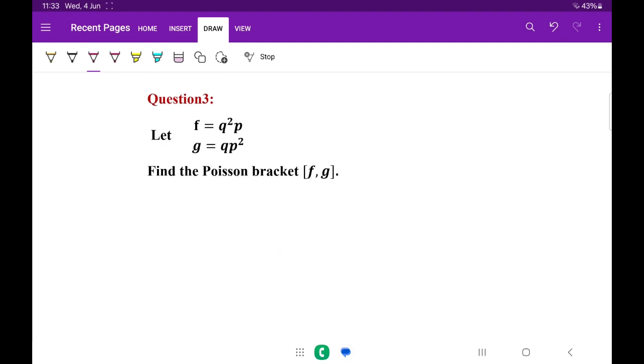So the next question is, let f is equal to q square p and g is equal to q p square. Find the Poisson bracket of f, g. Again, we'll write the definition of the Poisson bracket. f comma g is equal to dou f by dou q into dou g by dou p minus dou f by dou p into dou g by dou q.